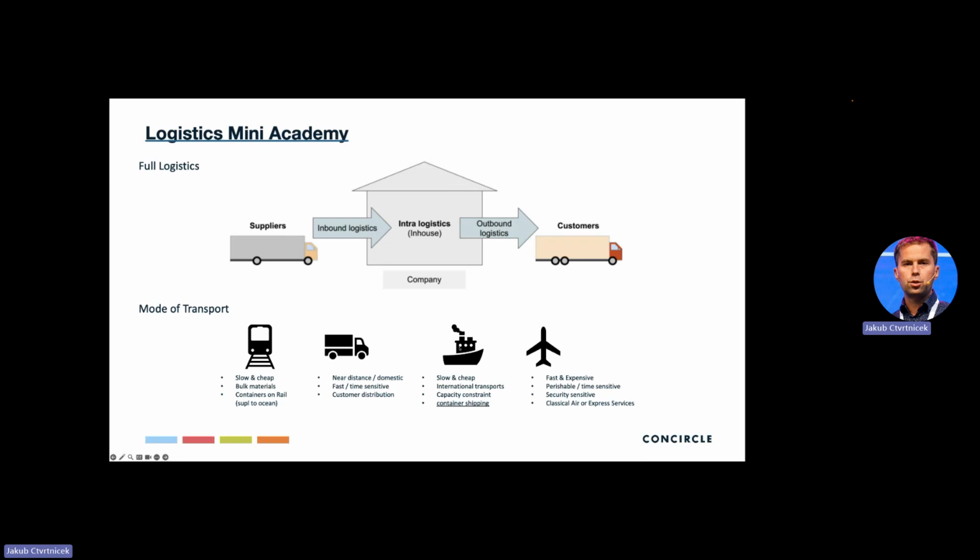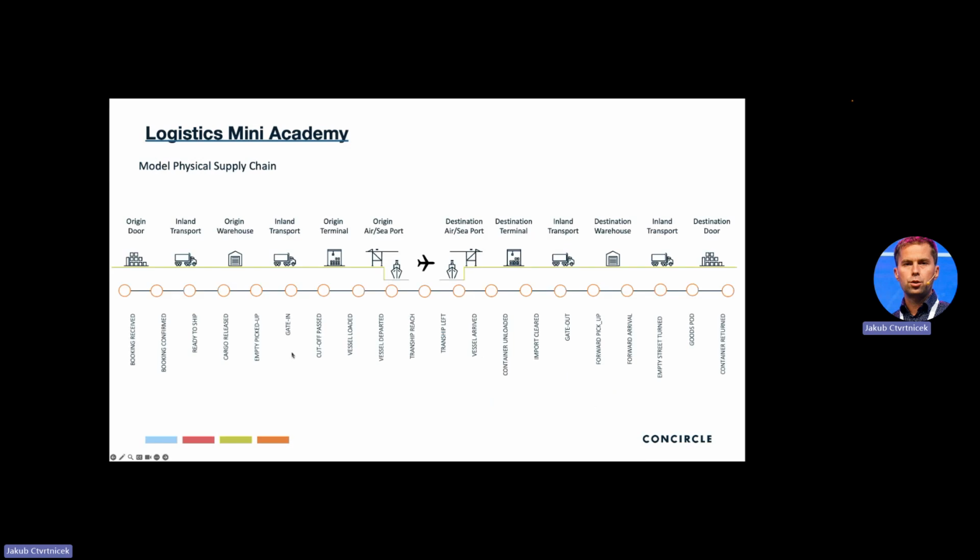Ocean is used for pretty much everything: fast moving consumer goods, heavy stuff, components, whatever. It is capacity driven. That's very important to mention. Truck is used wherever needed, primarily on the outbound, on the domestic field, and then rail is used for bulk or for cheap movements or for movements of containers as pre-carriage and on-carriage.